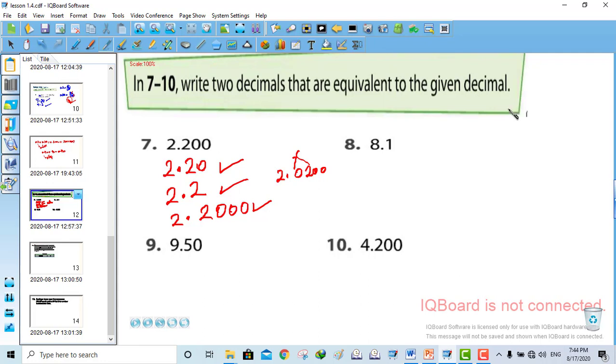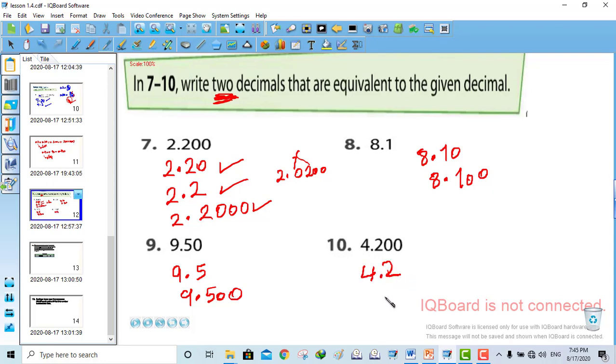Okay, 8.1, I can say 8.10, 8.100. Okay, he needs also only 2, so we can just write 2. 9.50, you can erase this 0, so it can be 9.5 or 9.500. That one you can erase 1 zero, so 4.2 or 4.20 or 4.2000, as you like.